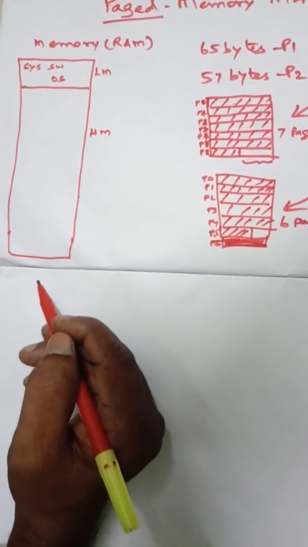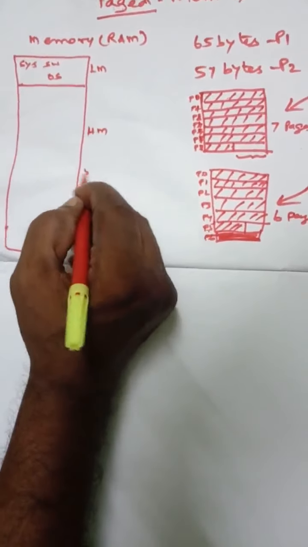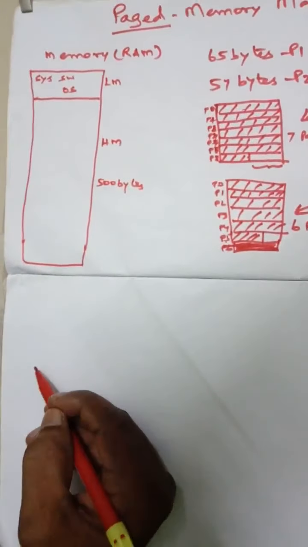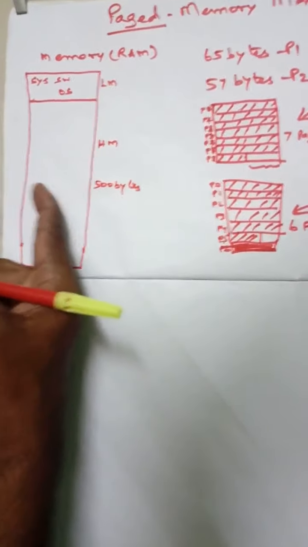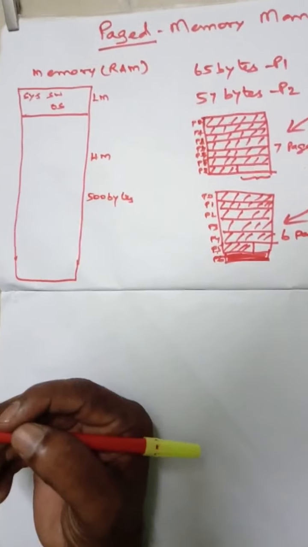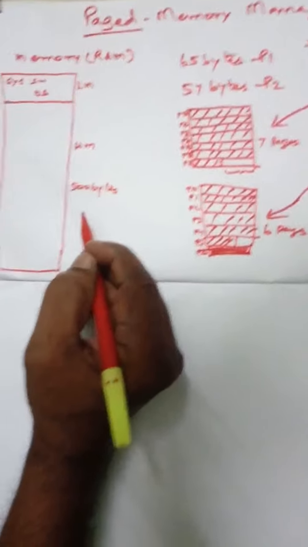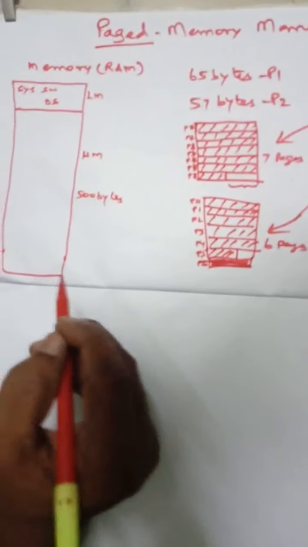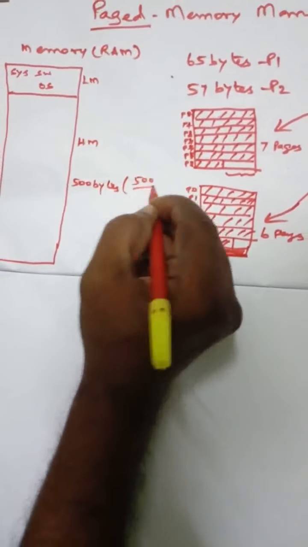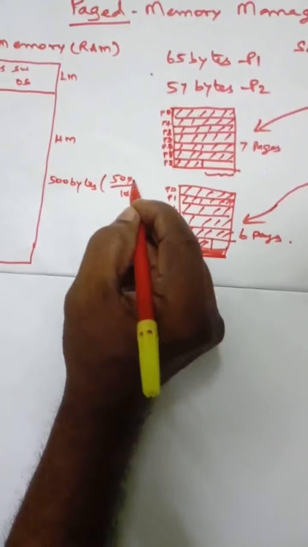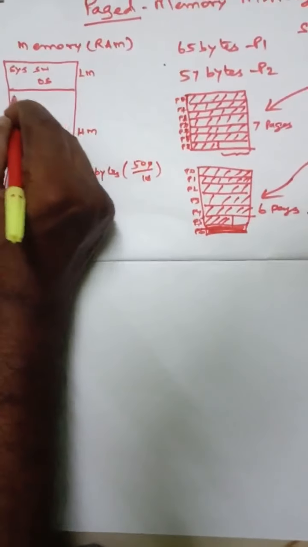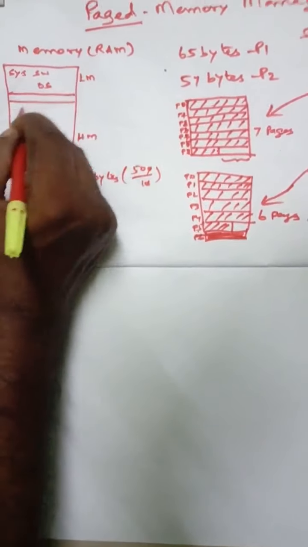For your understanding, this is a 500-byte high memory. 500 divided by 10, so totally 50 pages can be created. 50 partitions.